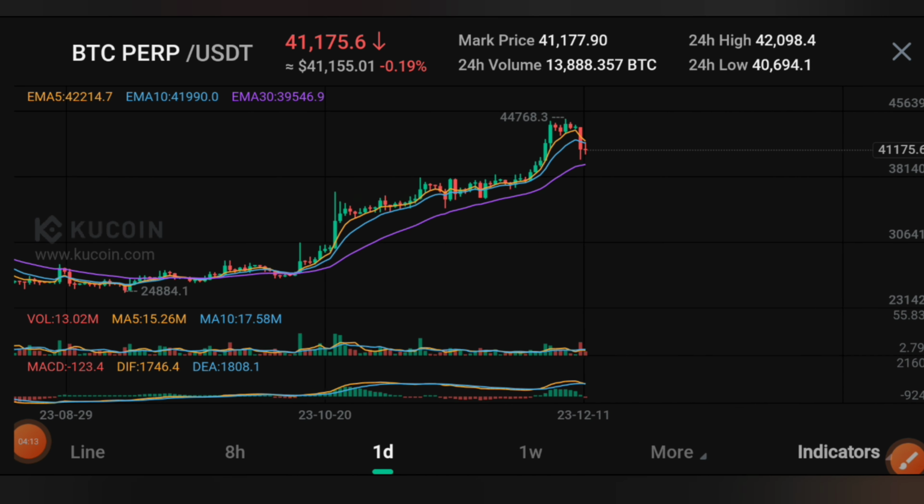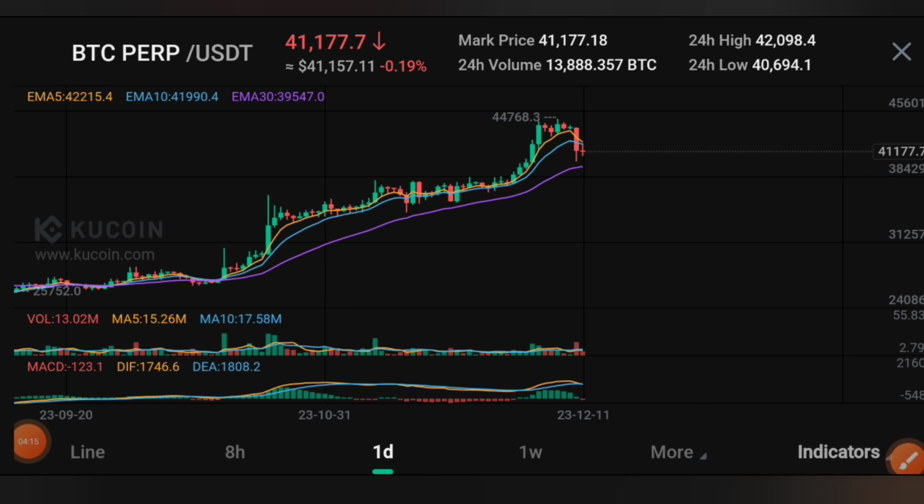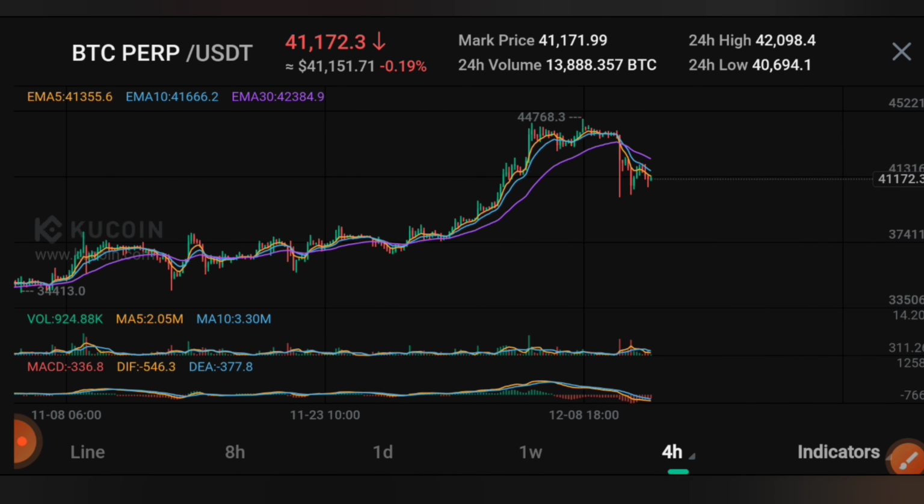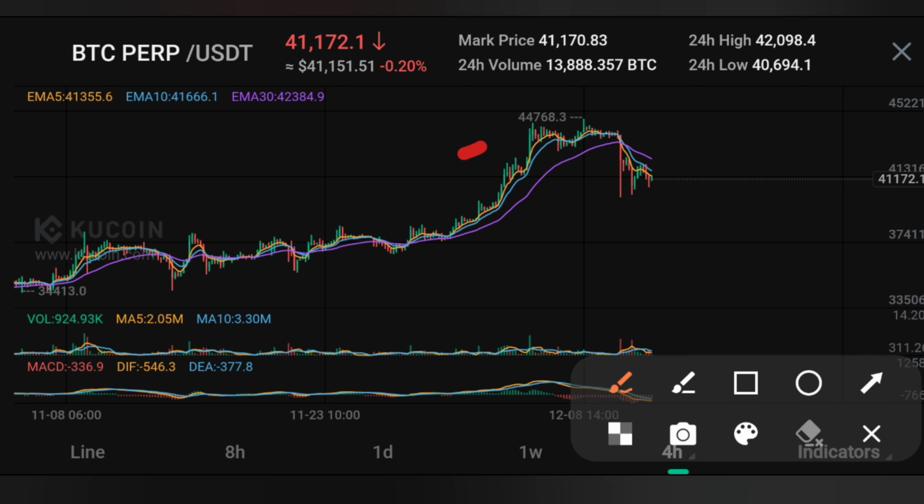Now, this crash I've been talking to you about. Actually, let me update you with the smaller time frames here first. What I was talking about is forming another head and shoulders here.